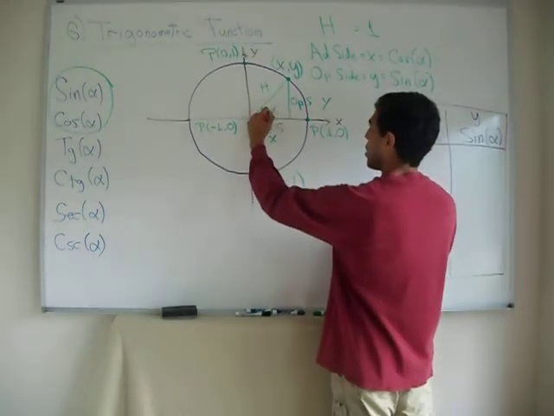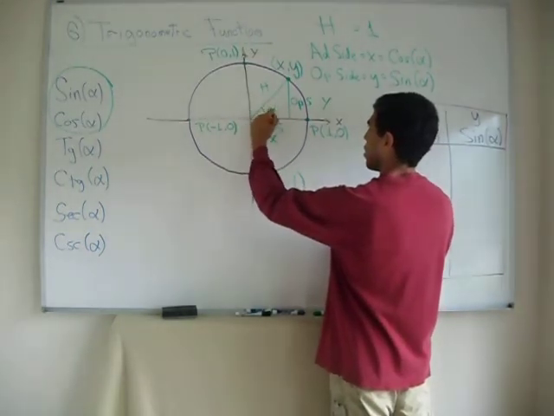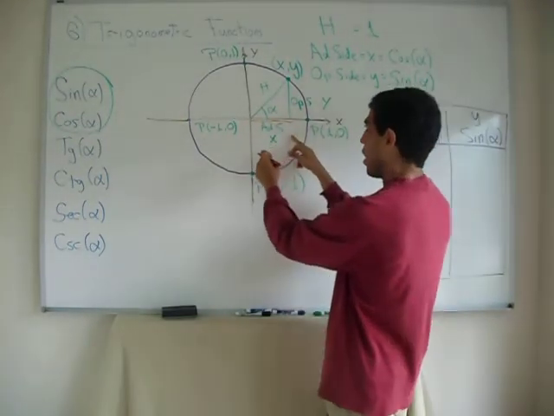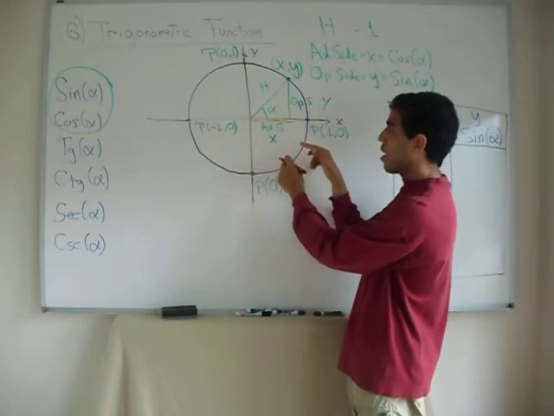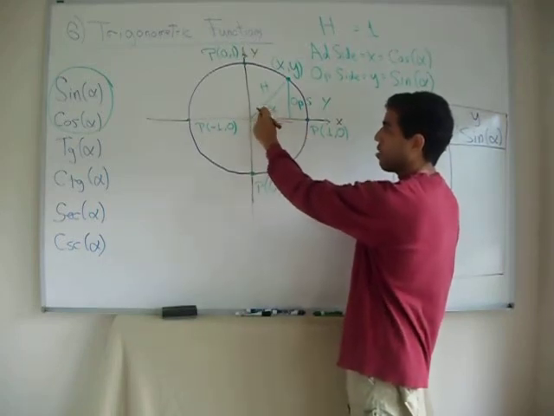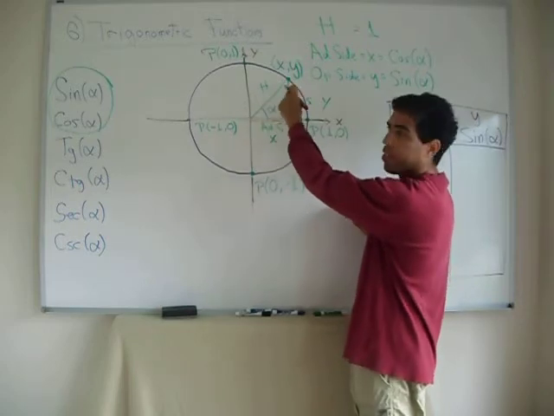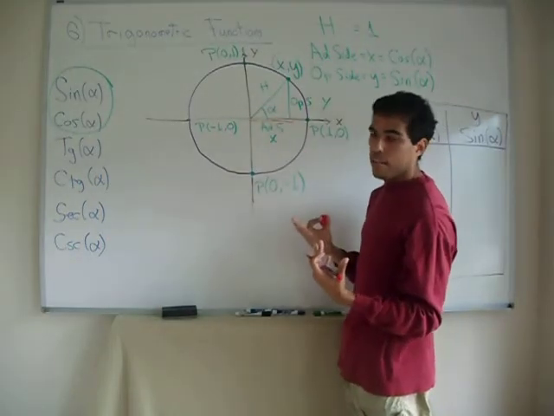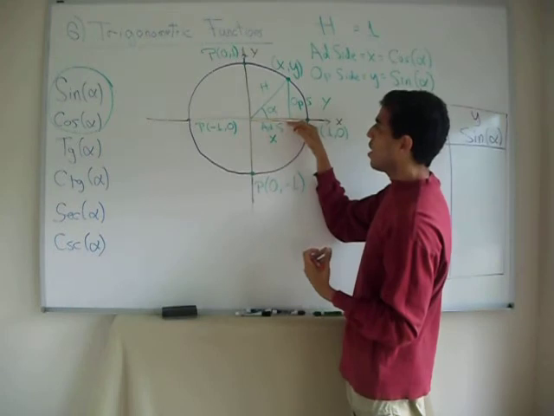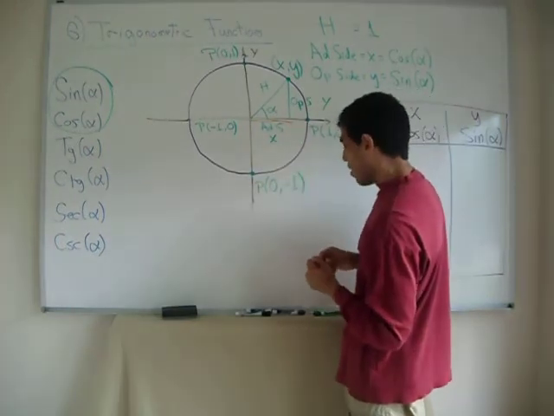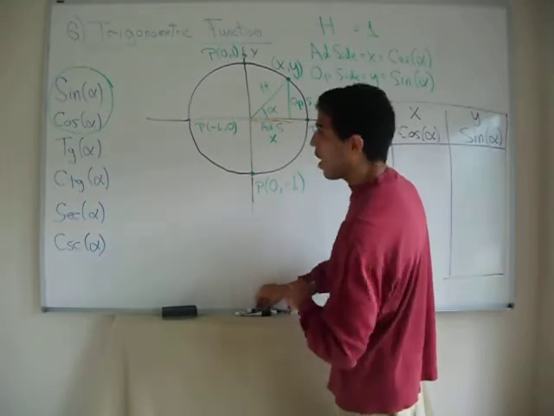This is what is known in a triangle as the adjacent side. If I have an angle here formed between this x and the hypotenuse, alpha is the angle, and right here I'm going to have the adjacent side, that is x.